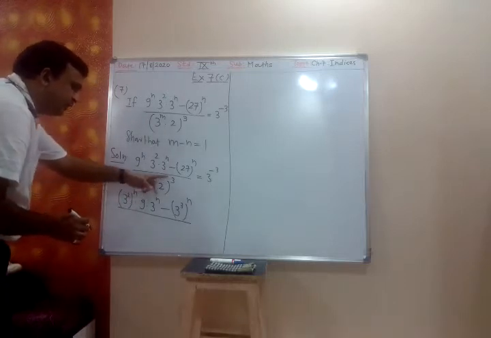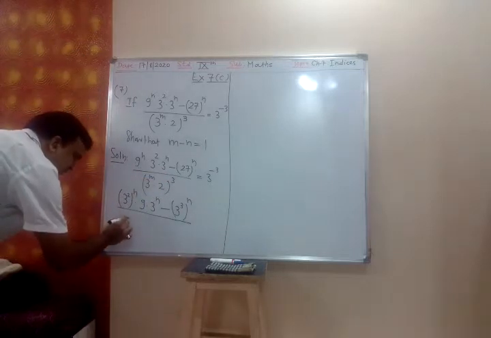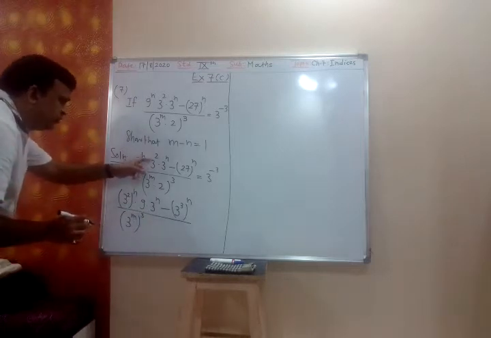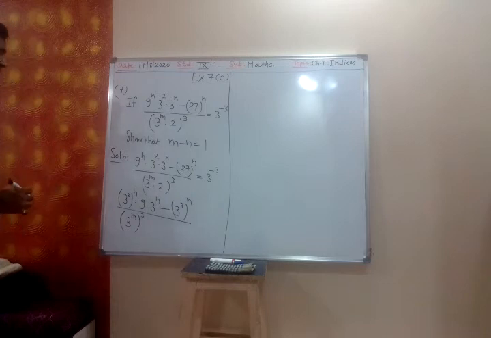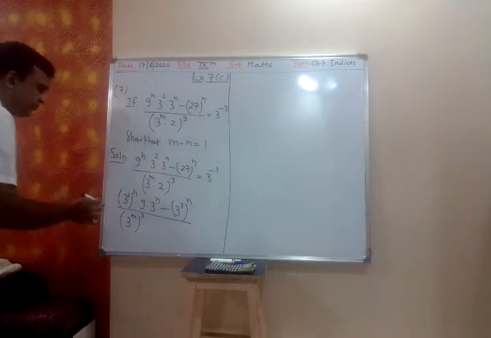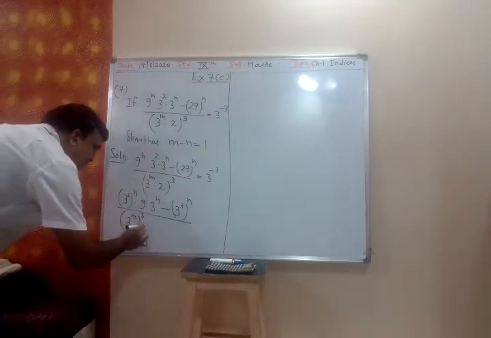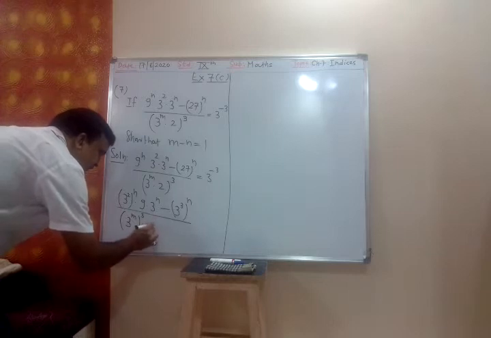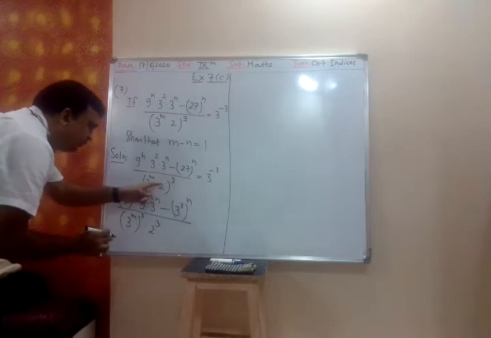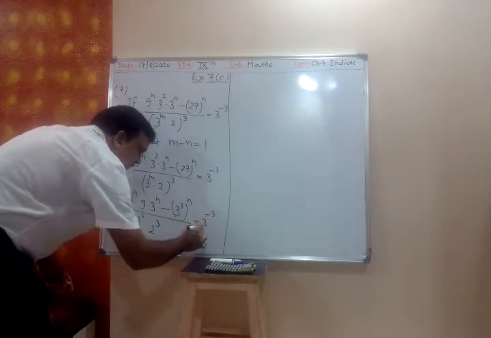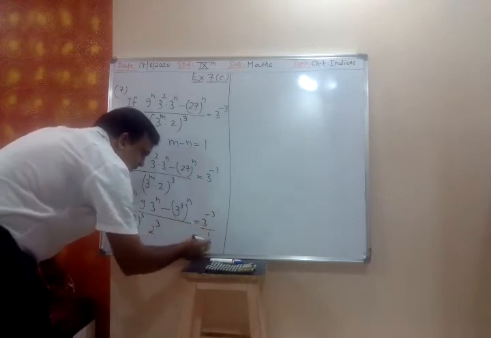So I can take the power 3 with each, or you can keep 3 into 2 raised to 3. I can take the power 3 to each term, is equal to 3 raised to minus 3 upon 1. Now I will cross multiply.